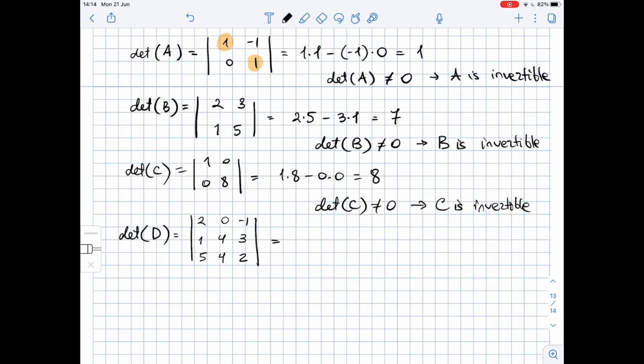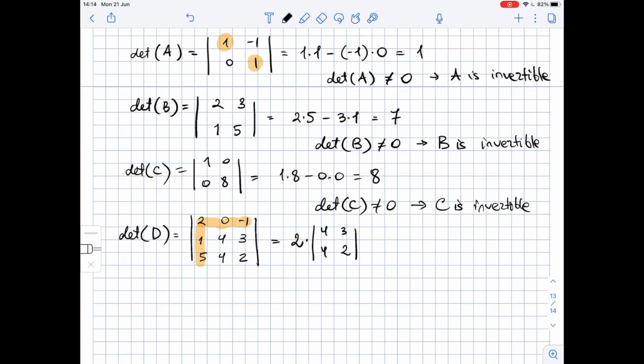When we do the expansion of the first row, we take the first entry of the first row, which is 2 in this case, and then we multiply it by the determinant of the matrix which we get by ignoring the first row and the first column. So we multiply it by the determinant of the 4, 3, 4, 2 matrix.